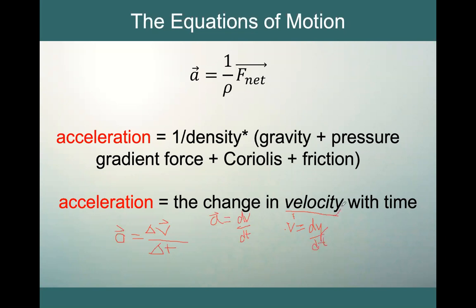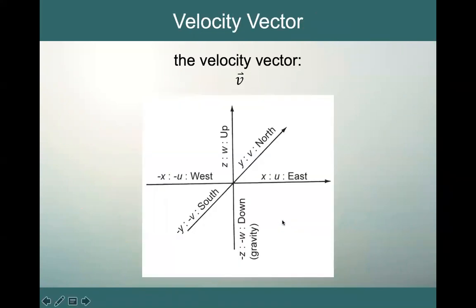Let's do a little review, reminding ourselves how we talk about the velocity vector in the ocean. The velocity vector in the ocean is divided into 3 different dimensions. The first direction is our x direction, our east-west direction, our zonal direction, and for that we talk about the u velocity, the x component of our velocity.